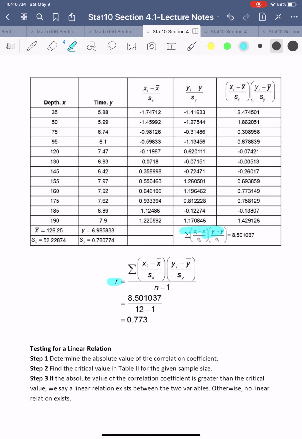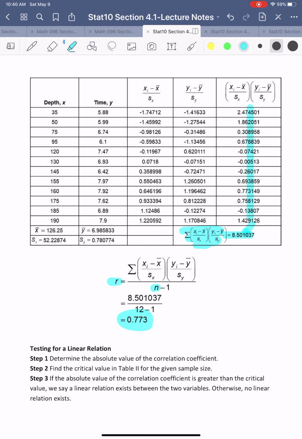Which is the value of this one. When you add them all together and divide by n minus 1, where n is 12 minus 1, r equals 0.778. I want to say this is a moderate positive linear relation.